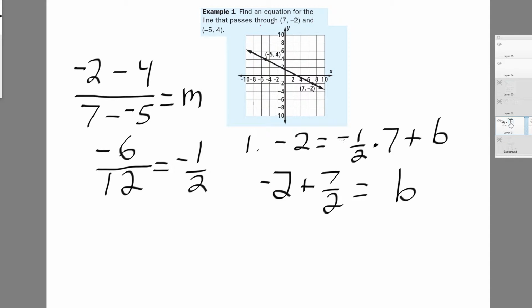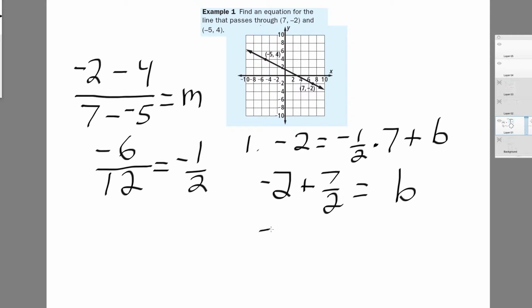This is -7/2, so 7/2 plus a -7/2 is 0. What I do to one side, I have to do to the other. This is in a fractional form. I've got to create a common denominator, which is 2.